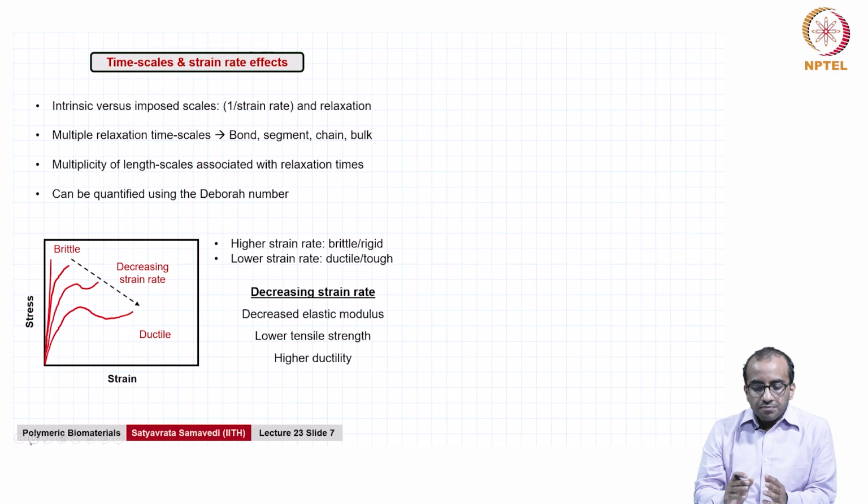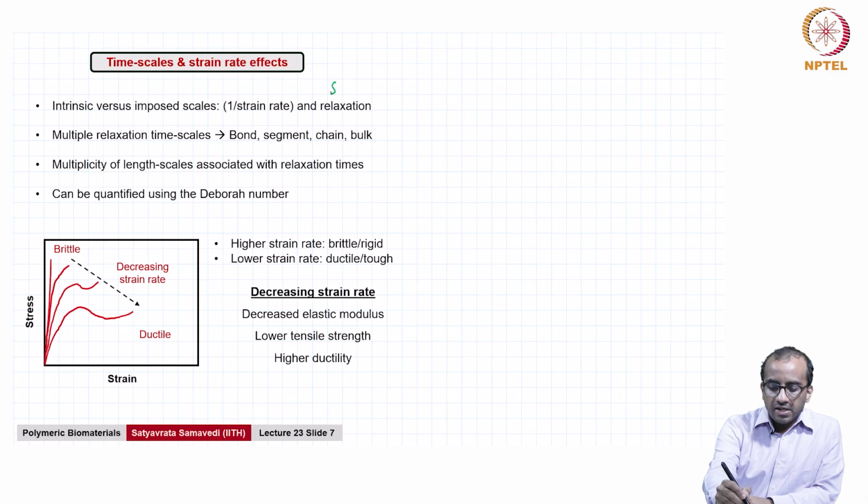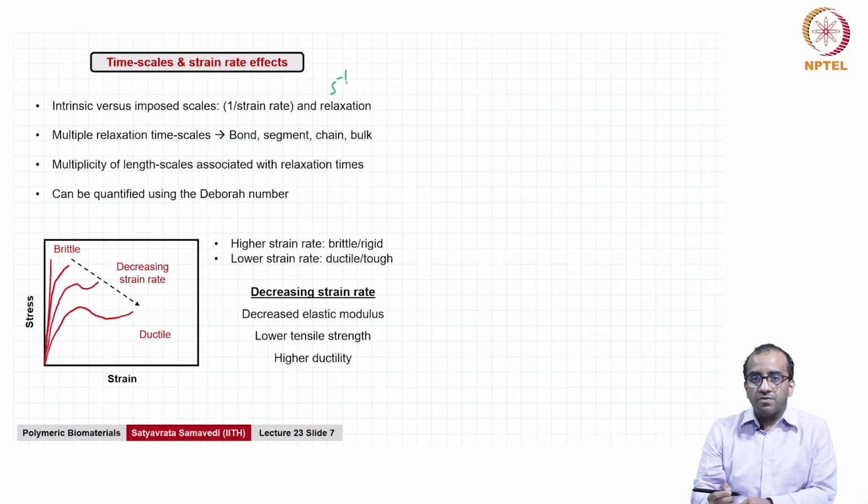Now, we have sort of hinted at this earlier, that the rate at which you are pulling the sample, there is an intrinsic strain rate associated with it, and that strain rate will have the units of time inverse, second inverse, for example.